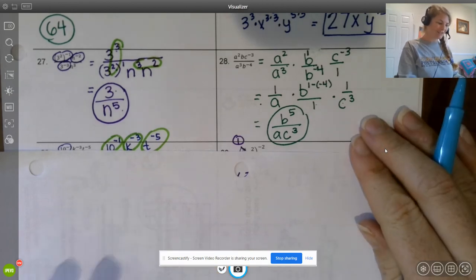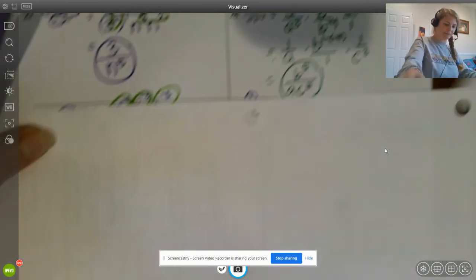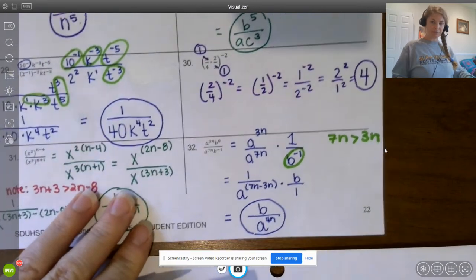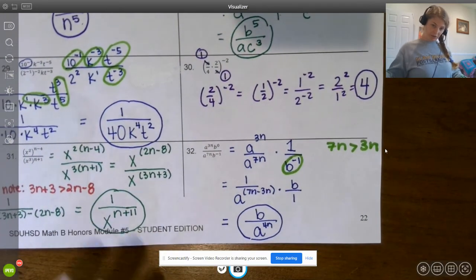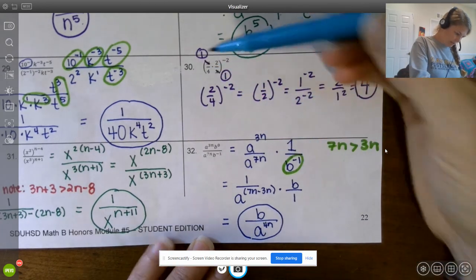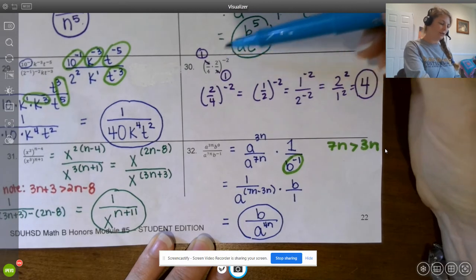Really nice job. So taking a look at 30 and 32, the only ones we have to go over still. 30 you should have gotten 4, and 32 is b over a to the 4n. So on 30, notice because we are multiplying here, we can cross cancel.